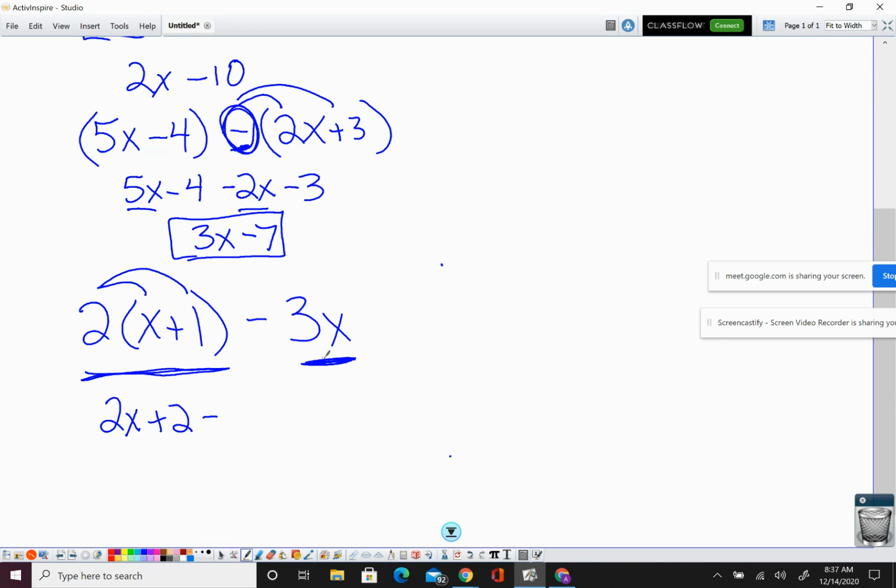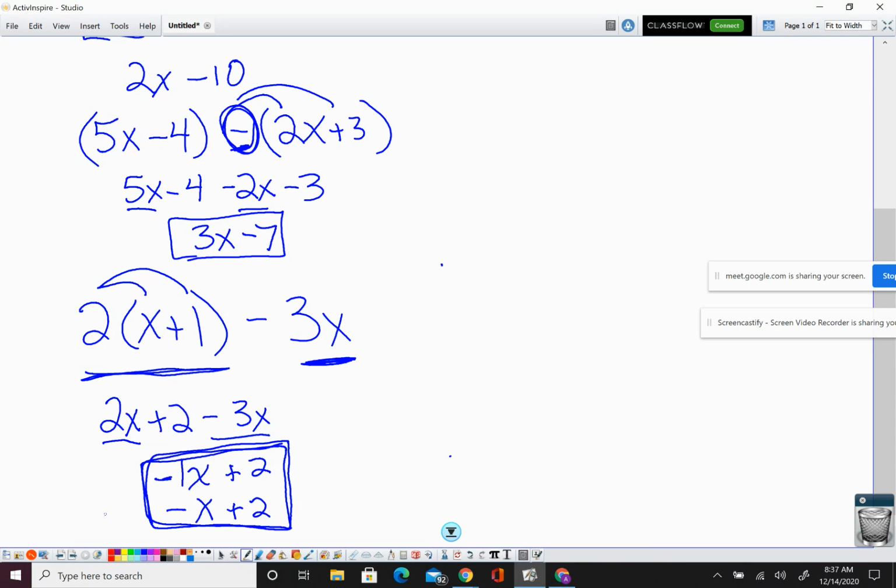We're subtracting this linear expression 3x, so we just write it down like that. Then 2x minus 3x is a negative 1x. Do I have to write the 1 in there? No, I can just write it as negative x. I still have that plus 2 on the end, though. So either one of these will be an acceptable answer. They mean exactly the same thing.